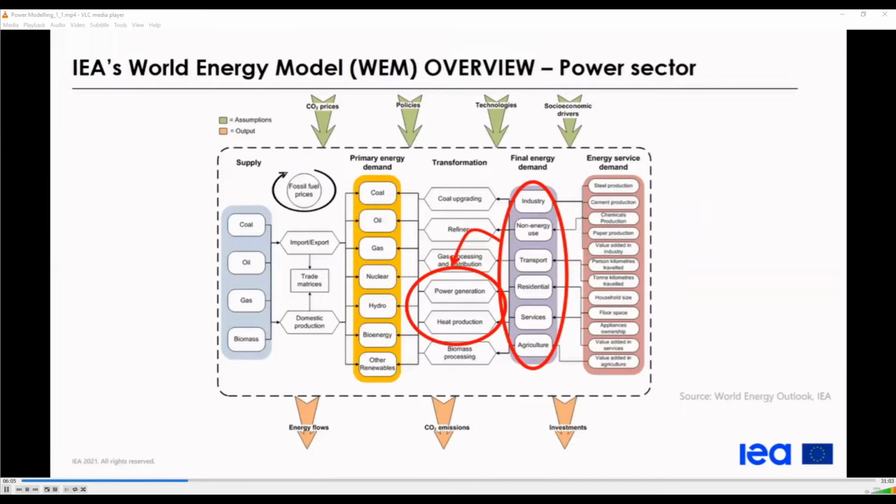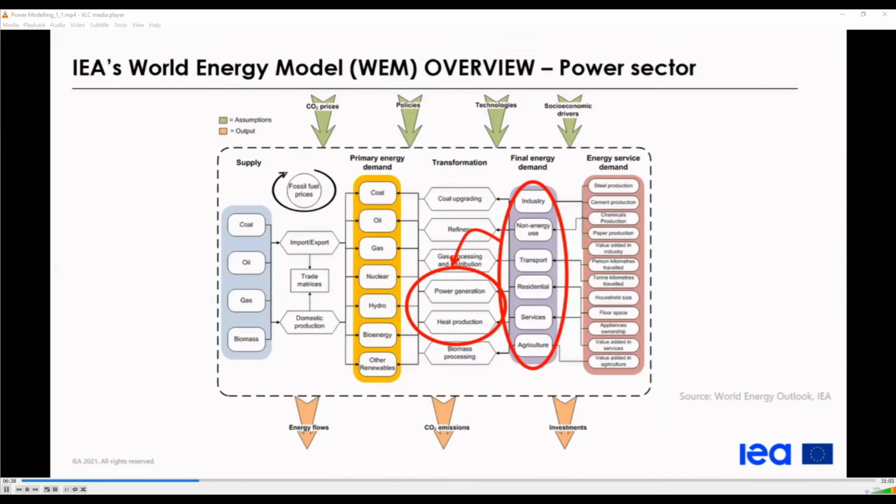In some other model, where the final energy model is not a part of the whole system, this would be considered as an exogenous input. So here we have final energy demand that is endogenous and that is feeding the supply part of the power system.